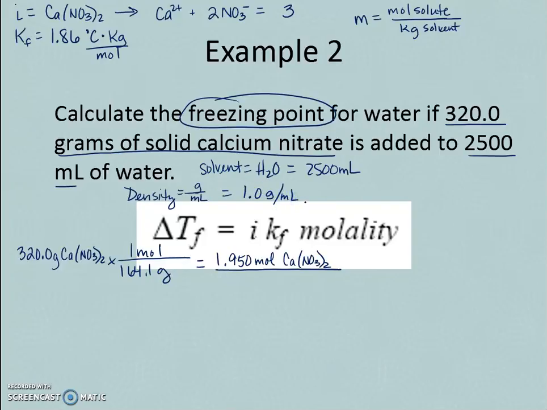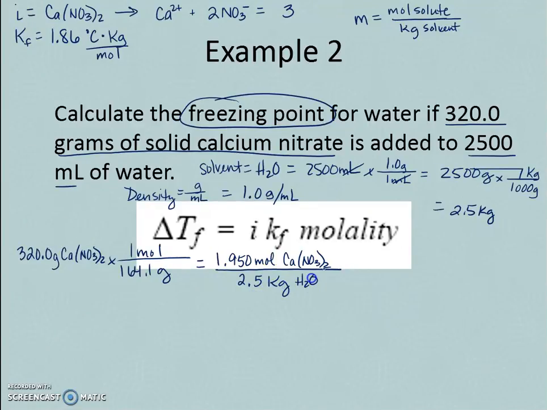That's a beautiful thing, isn't it? So we put 1.0 grams over 1 milliliter, and the milliliters cancel, and 2,500 times 1 is 2,500 grams. Then we need to go from grams to kilograms. 1,000 grams is equal to 1 kilogram, and that gives us 2.5 kilograms of water.